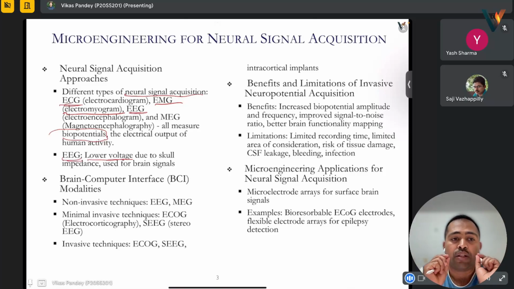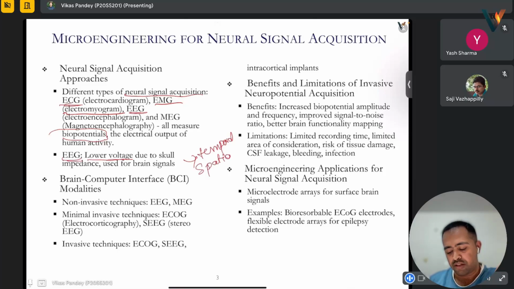So it has lower voltage due to skull impedance. Temporal signals are fine, but spatially it is not a very good technique, because we are not able to reach specific areas of the brain where we want to find the signal.